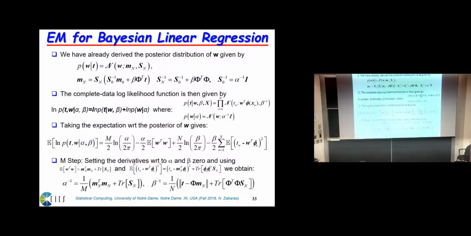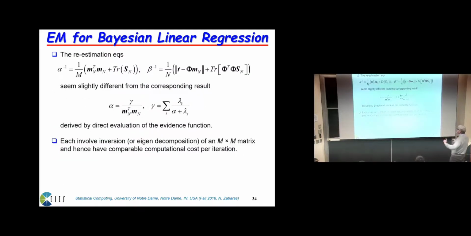So this is alpha, this is beta, and the only thing you need to know is that phi is the design matrix that contains the input data points. Obviously here you're going to have to invert this matrix to get the trace of Sn. So the cost is the same as what we did in the early lecture, but these are much nicer formulas.